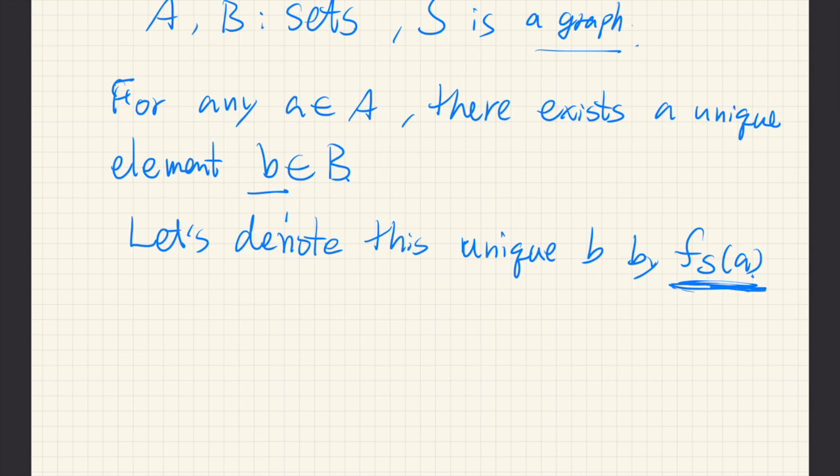In other words, we have F_S of A equal to B.